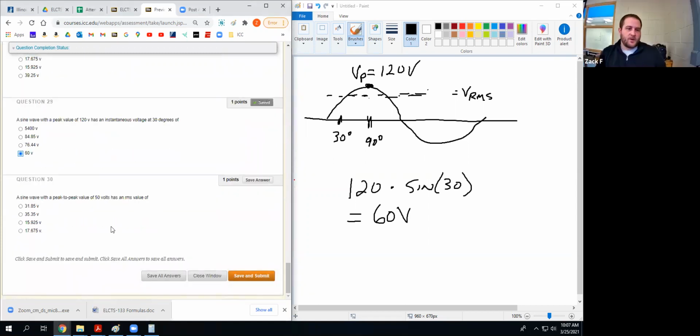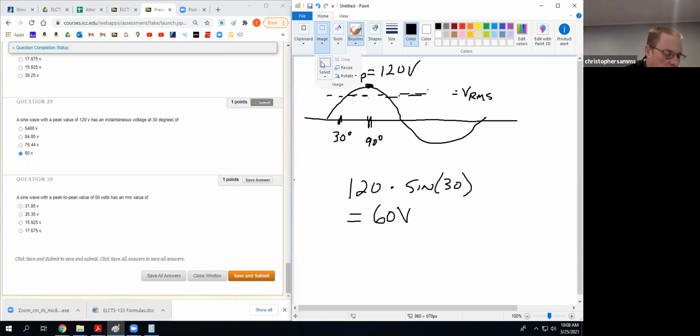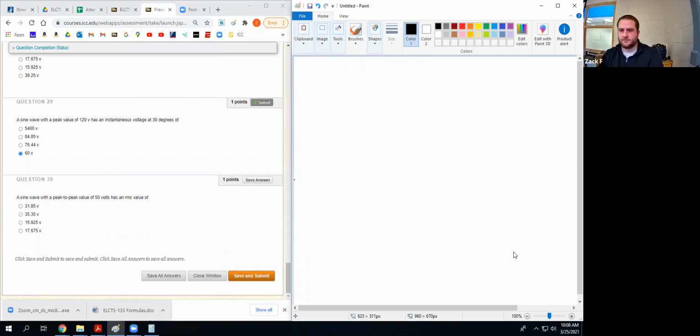One more. A sine wave value of 50 volts has an RMS value of what? 35.35. How in the hell do you know that? 50 volts times 0.707 will give you the RMS.